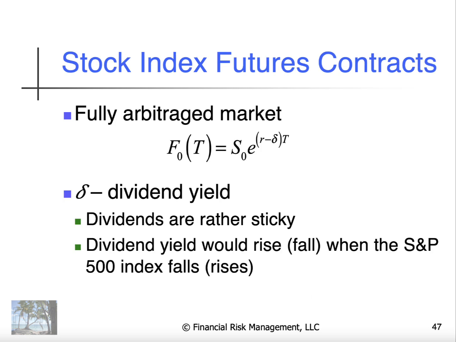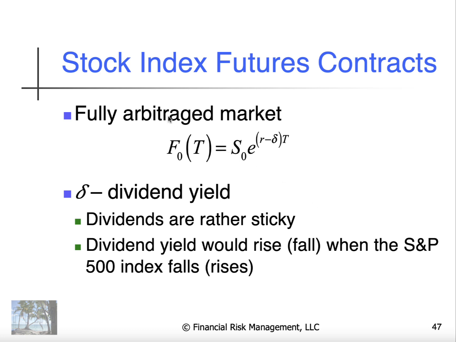For stock index futures contracts in a fully arbitraged market, we would expect, because these are index futures, we'll model the dividend with a yield. Dividends are rather sticky. The dividend yield would rise when the S&P 500 index falls, or the dividend yield would fall when the S&P 500 index rises.